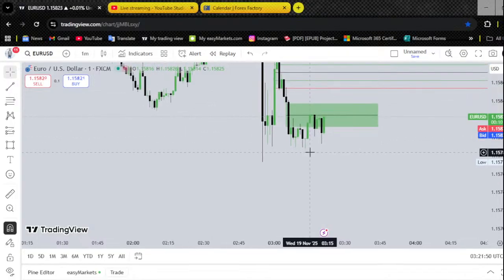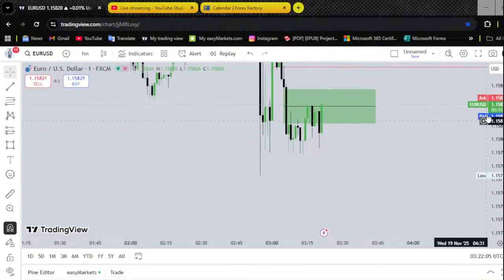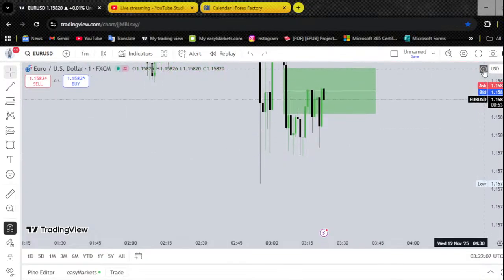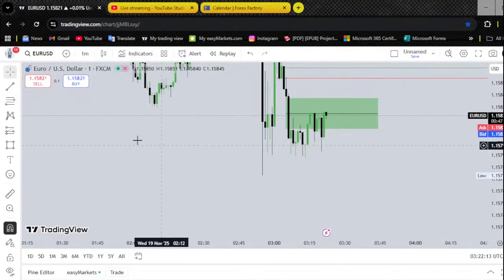It closed above the consequent encroachment, something that I don't like to see.